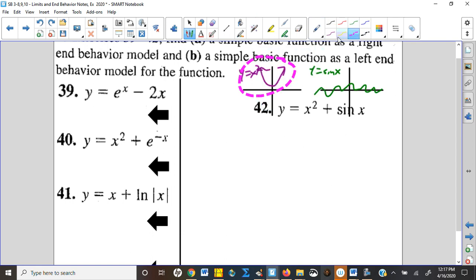And in the left check, we're going to take the limit as x goes towards negative infinity of the original function f of x, which was x squared plus sine of x, divided by what we believe is the more powerful function, which will dictate the end behavior, which we said was x squared.